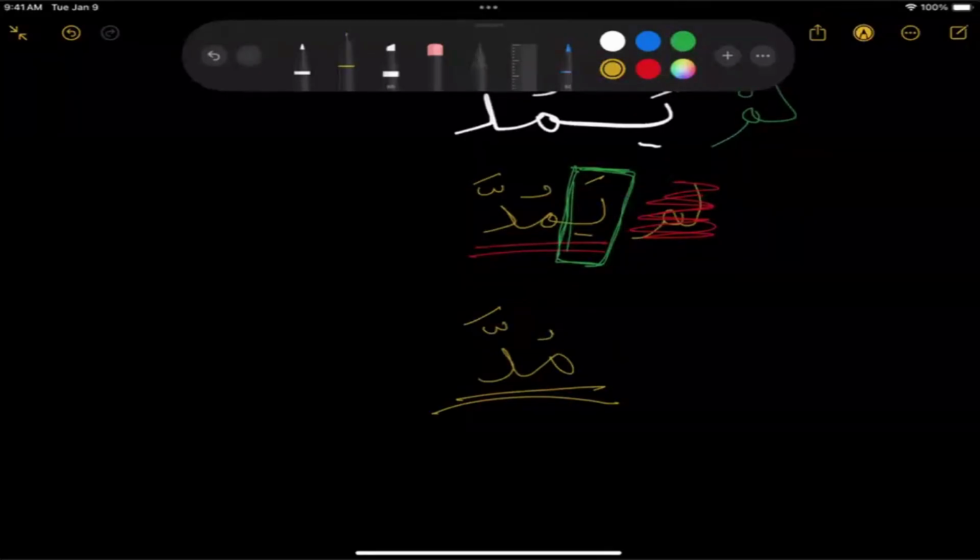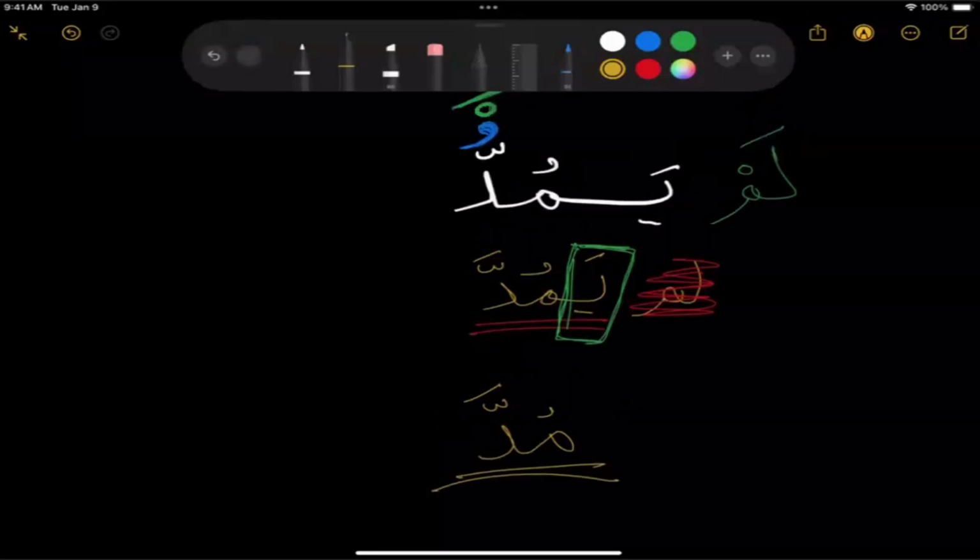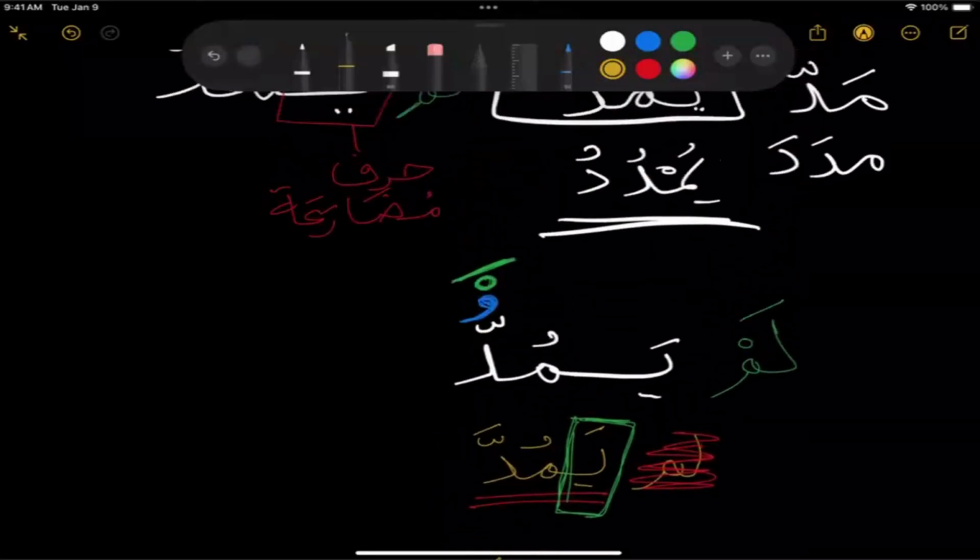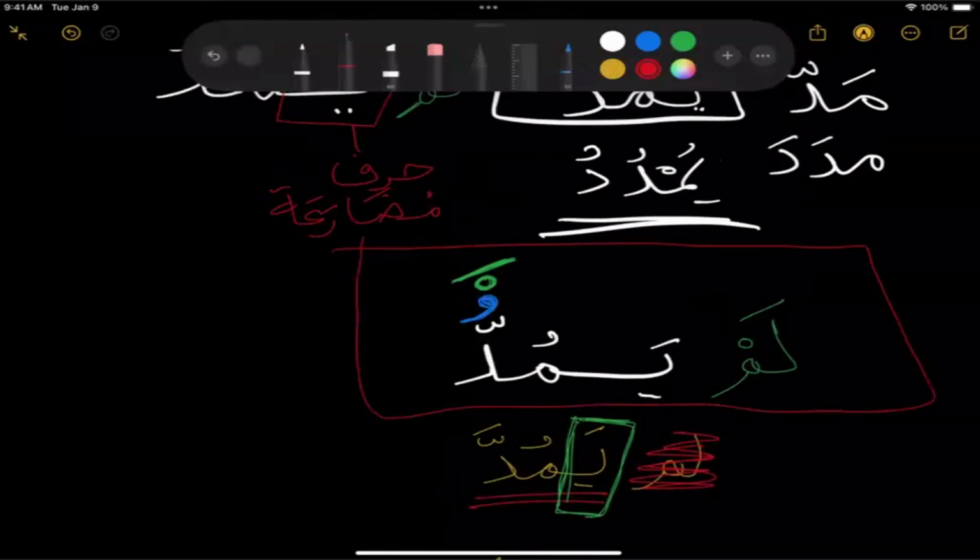Okay. So then there you go. That's fi'l amr with the idgham there. Do we have any other option here? We do. Because back up here, we said, lam is a jazm. Here's lam, our jazm. And what's the sign of jazm?